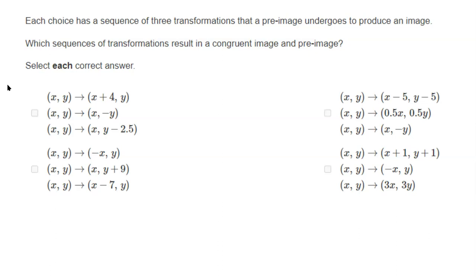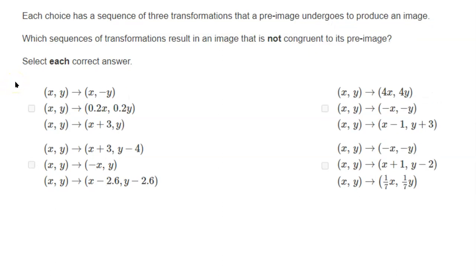Each choice has a sequence of 3 transformations that a pre-image undergoes to produce an image. Find the ones that are correct. Remember, if it says that it is multiplying x and multiplying y, that means that they're mashed together, then these are dilations. And dilation is not rigid motion. The same thing is true with this one.